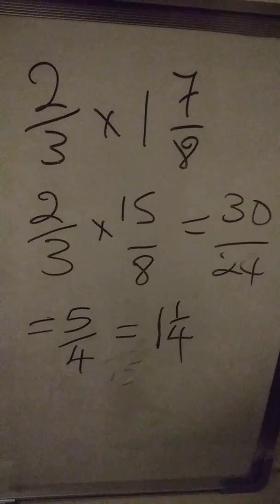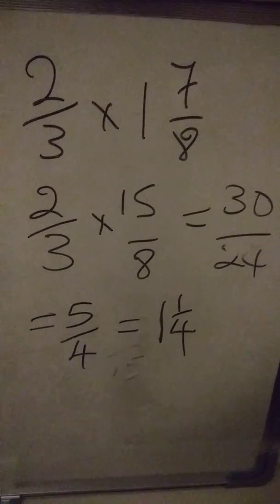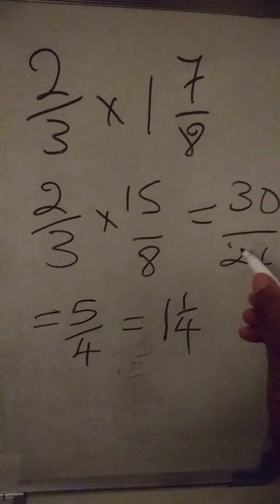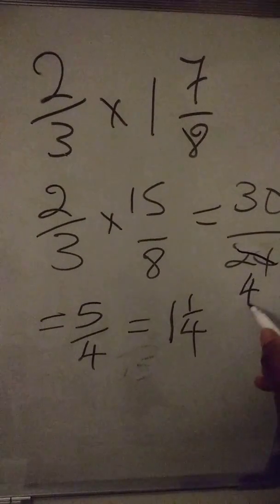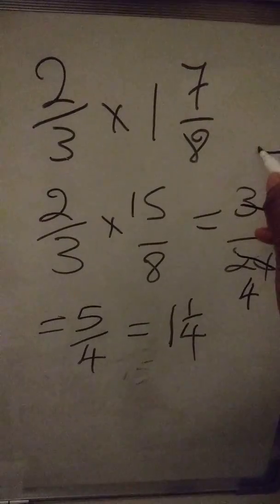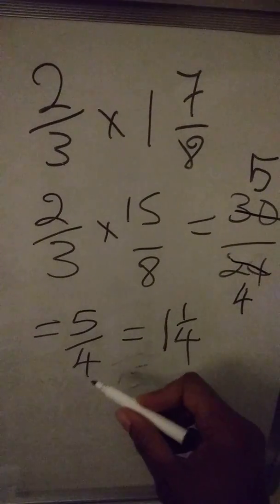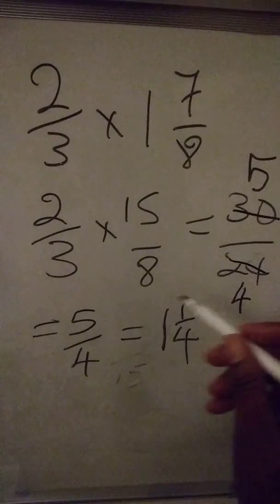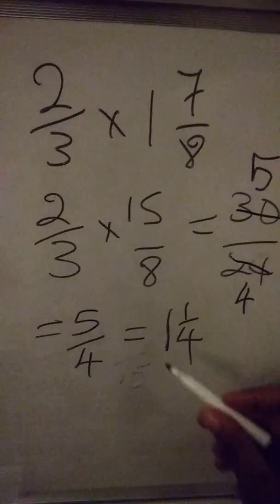So let's try 6. 6 into 24 goes 4 times, and 6 into 30 goes 5 times. So our answer is 5 over 4, and this is an improper fraction, so we're going to reduce it to a mixed fraction.